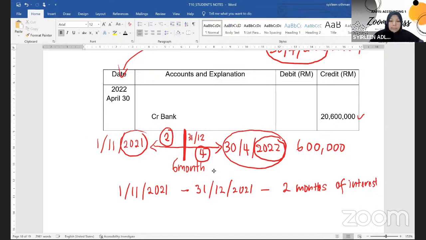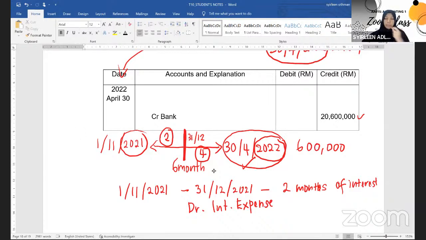So what happened here, I am going to debit interest expense. But have I made the payment yet? No, because I always pay in the 6th month. So the payment will be made here. But why do I have to record this? Because this is your closing date, the adjustment. You must understand that out of that 600,000, 200,000 is in the year 2021, the balance will be in 2022.